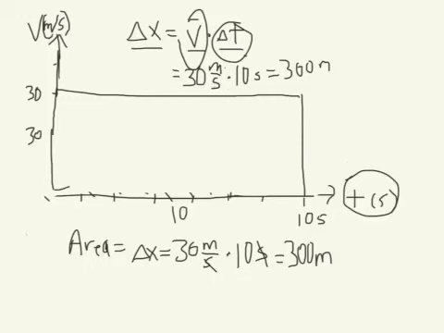But just for laughs and giggles, here's what we would do to find the acceleration at, say, a point 5 seconds on the velocity versus time graph. If we wanted to find instantaneous acceleration here, we would find the slope of the tangent line to the curve. The curve here isn't really a curve, it's just a straight line going across.